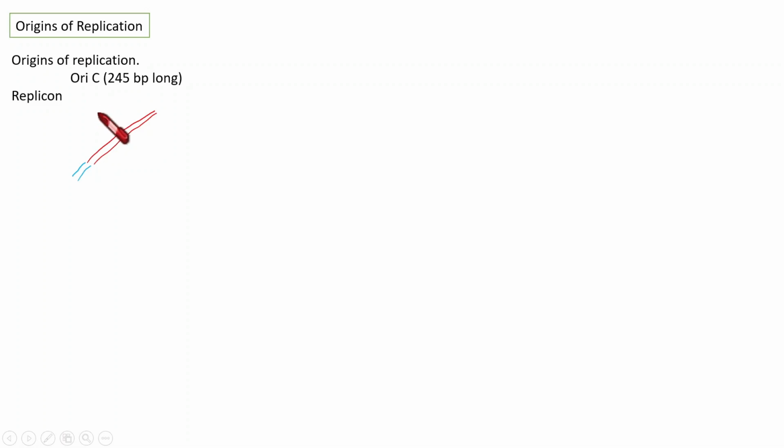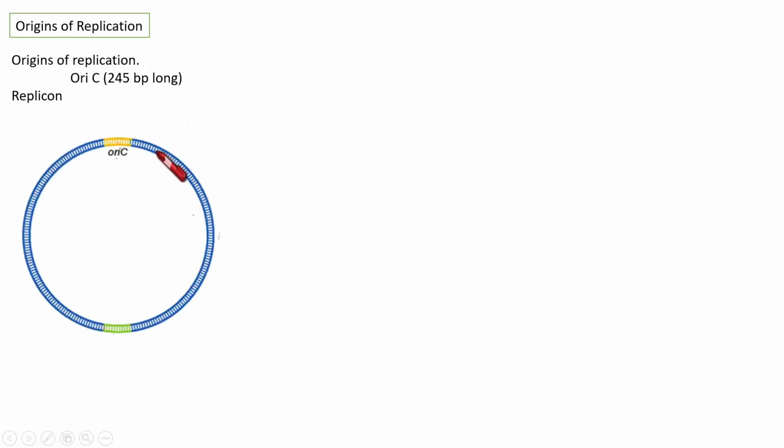Anyway, now we can take the case of prokaryotes. Let's see how replication begins. This is the DNA of E. coli, a simple prokaryote, and we can very clearly see the origin of replication, ORI-C, here. And first, how does it begin?